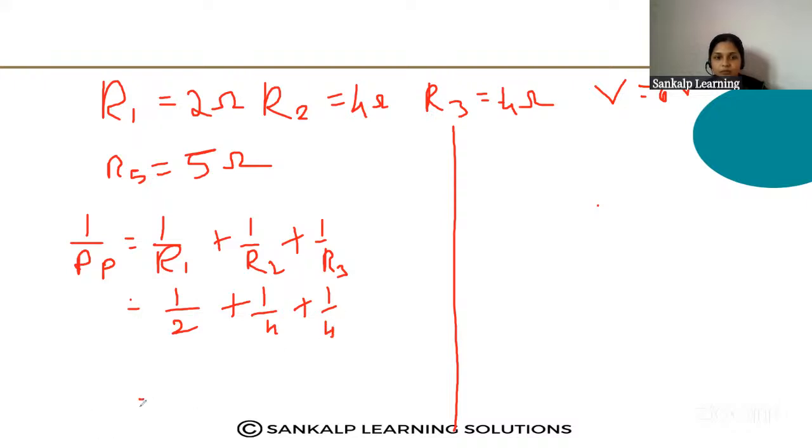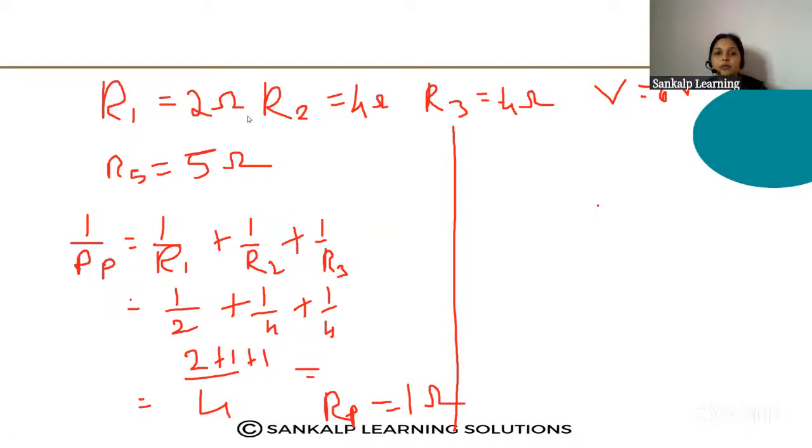So I will take 4 as the common denominator: 2 plus 1 plus 1, that is 4 by 4, equal to 1 ohm. Rp, the total resistance in a parallel connection, is equal to 1 ohm, right?